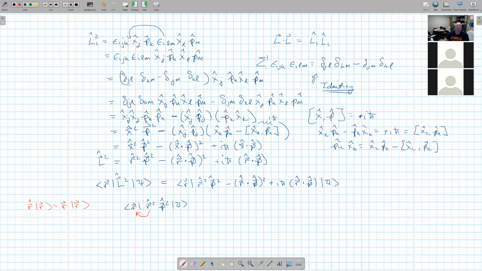And then when I do it again, it pulls out a second portion of the position, which means this is the same thing then as simply r vector squared, and then the inner product between r p vector hat squared and psi. Okay? So basically this is the kinetic energy term times that r squared term. So this is the portion of the Hamiltonian which deals with the kinetic energy. So this is the translational kinetic energy.